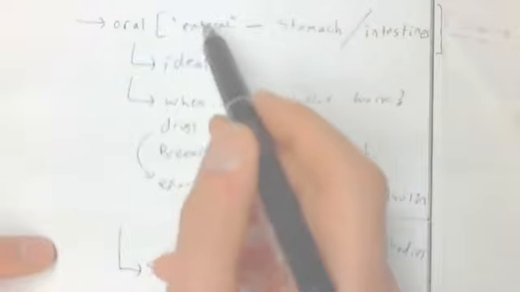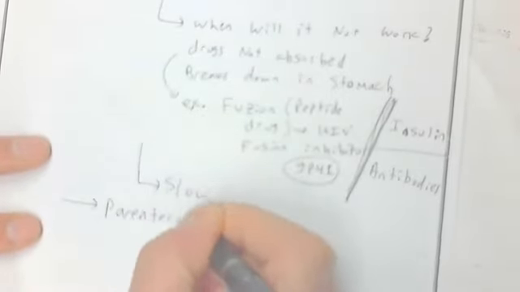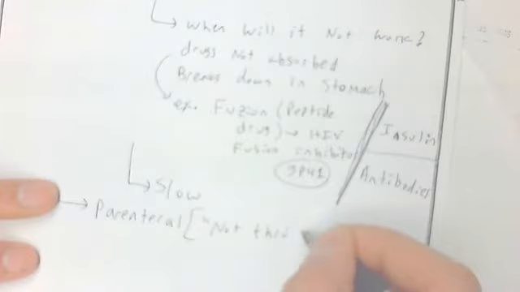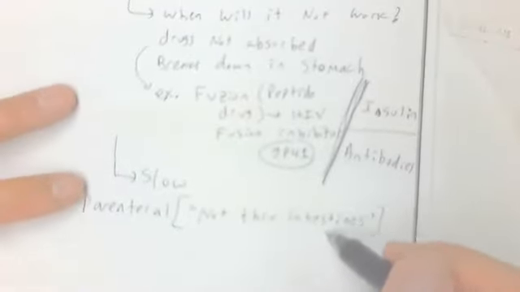Okay, so let's do the opposite of enteral, which is parenteral. Which is not through the intestines. I think that may be the formal definition of parenteral versus enteral, which is basically going through the intestines. I think I looked that up before.